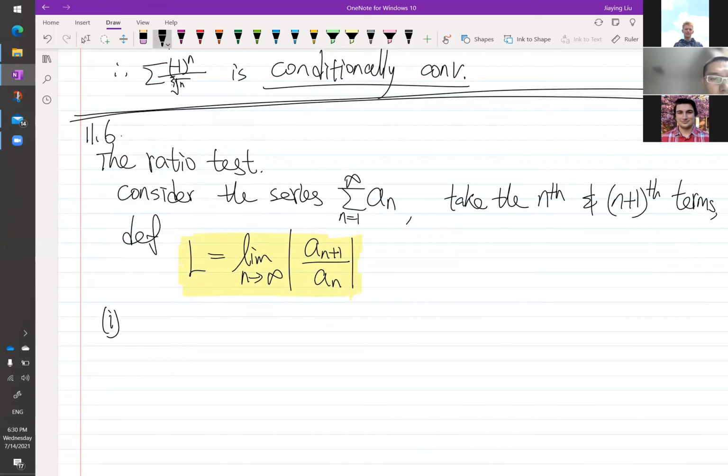So 1, if L, this L that we defined using the limit, is less than 1, then the series an is absolutely convergent.